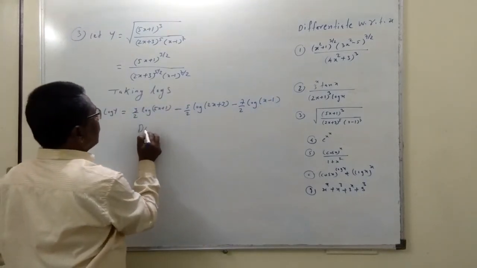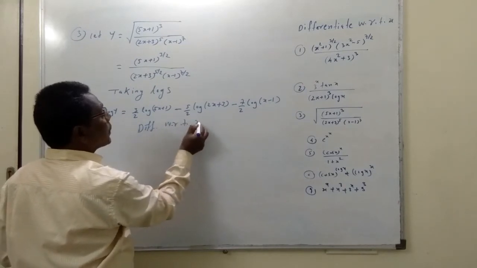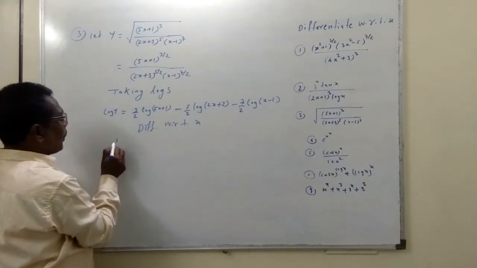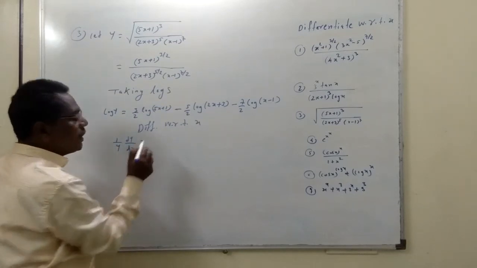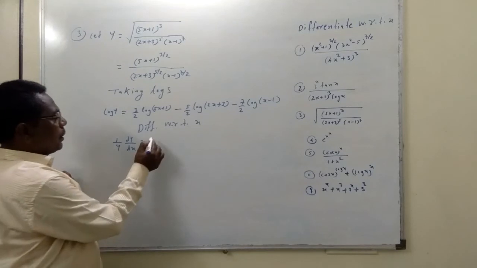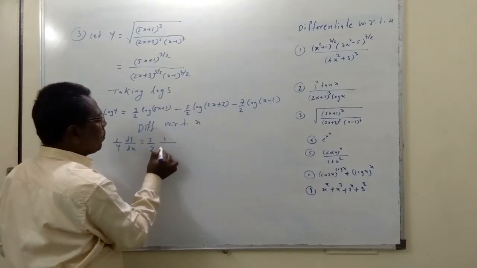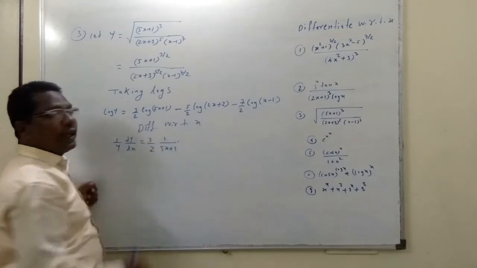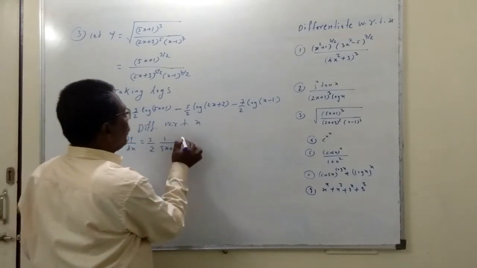Now differentiate with respect to x. Derivative of log y is 1 upon y dy by dx, equal to 3 upon 2, derivative of log is 1 upon 5x plus 1 into the derivative of 5x plus 1. This is a composite function, so you take the derivative.